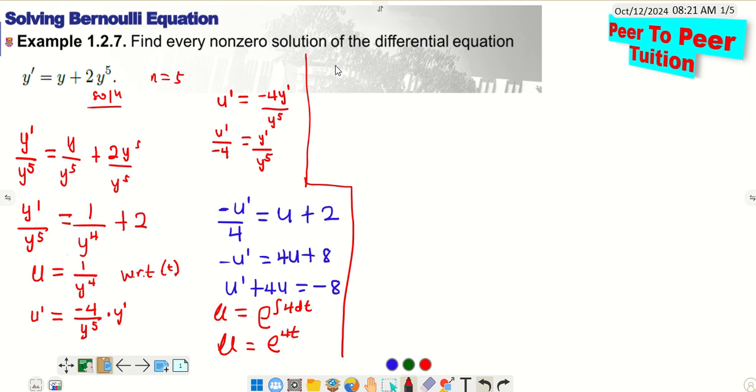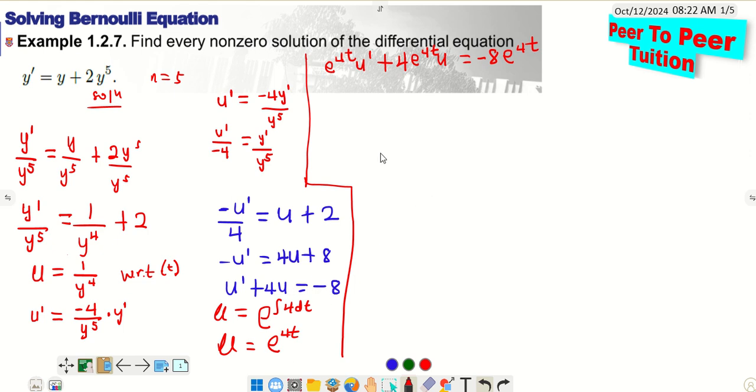By doing so, I'll get e^(4t) multiplied by u prime, plus, here 2 becomes 4 e^(4t) multiplied by u, then should be equal to, here becomes negative 8 e^(4t). Alright, so that is the concept here.